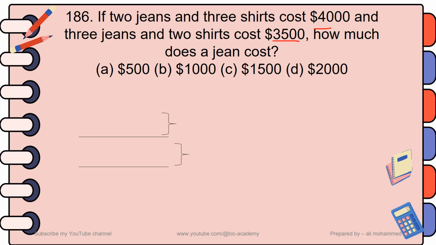A $500, B $1,000, C $1,500, D $2,000. You are given the information as such, and you are required to find out the cost for a jeans.